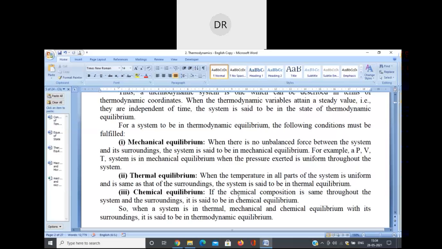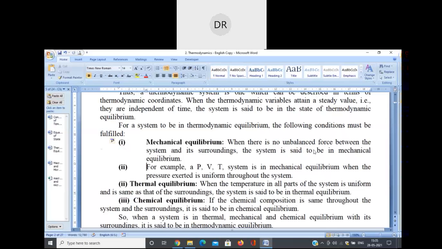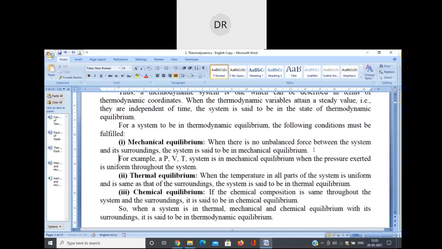The mechanical energy of the system is balanced with its surroundings. Then the system is said to be in mechanical equilibrium. Here pressure, volume, temperature remain constant when the system is in mechanical equilibrium.